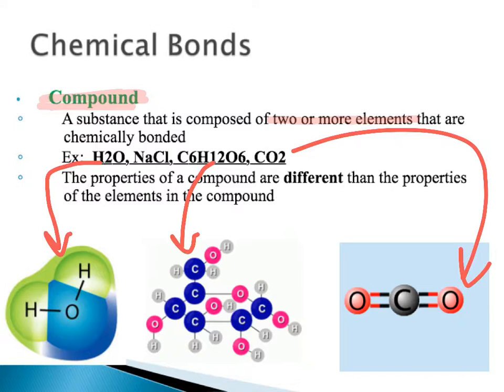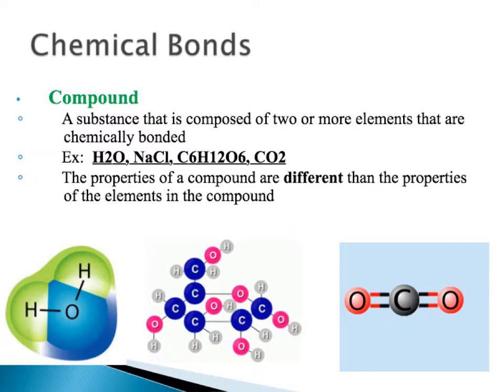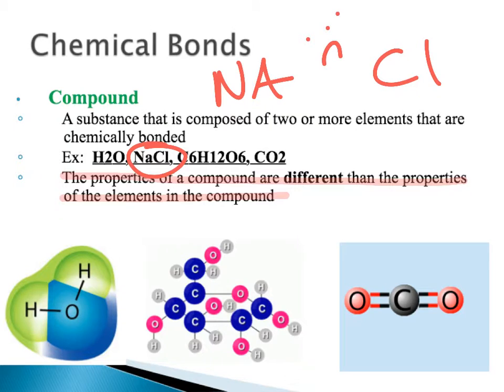And what's important to realize here is that the properties of the compound are different than the properties of the elements that make it up. So let's take salt, for example. By itself, Na and Cl are both really bad.